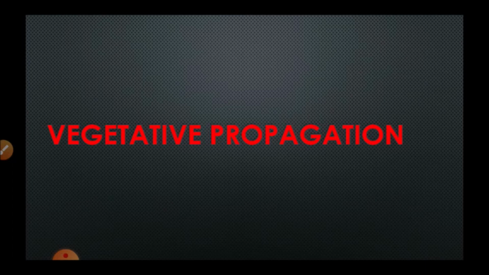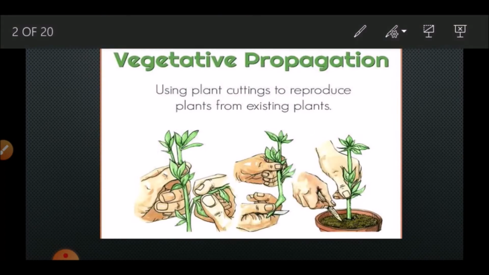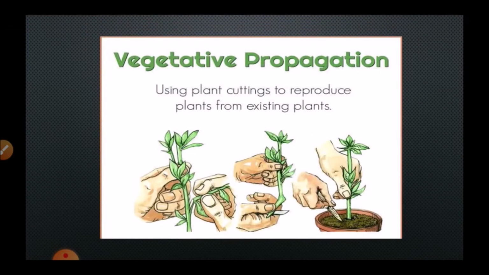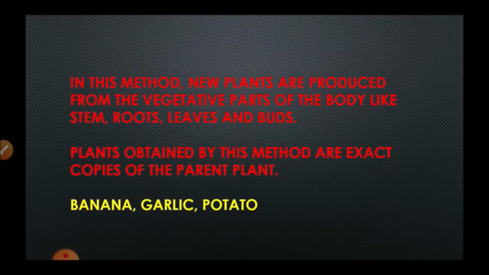Vegetative propagation is a method in which the vegetative parts of the body are involved in the production of new plants, like stem, roots, leaves and buds. And the new plants obtained are exact copies of the parent plant.